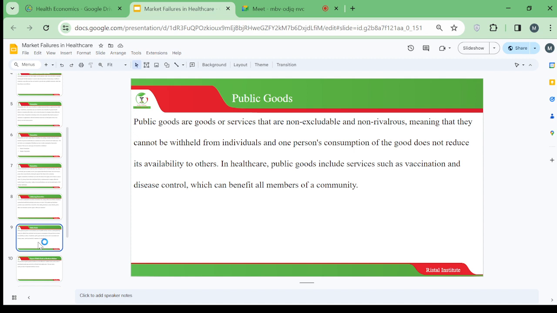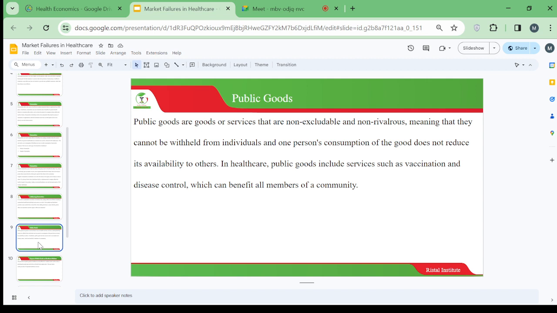Non-excludable goods means that you cannot withdraw that good from a person using it. For example, the road. If you construct a road, you will not say, if you are of this tribe, you cannot use it. No, you cannot exclude someone from using it. So that is an example.